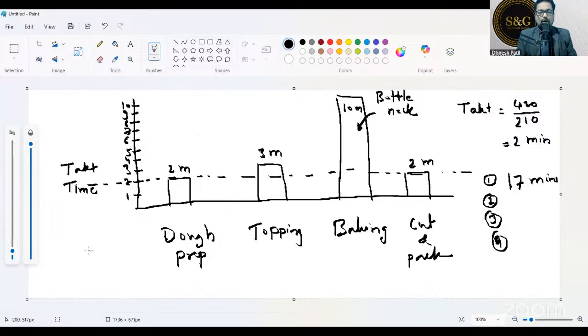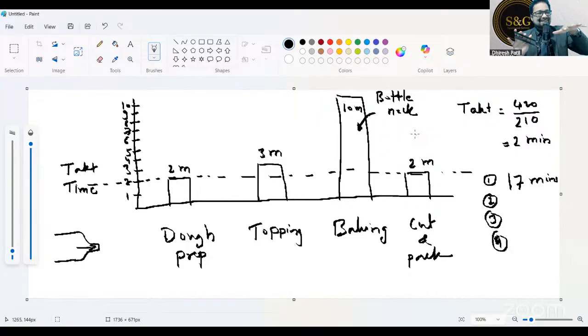What is bottleneck? Bottleneck looks like this. If you see the bottle, the neck of the bottle is like this, right? So the flow reduces at this point. So the lowest flow happens at the bottleneck. That's why it's called the bottleneck process. Bottleneck process is where the process slows down, and a lot of inventory piles up.